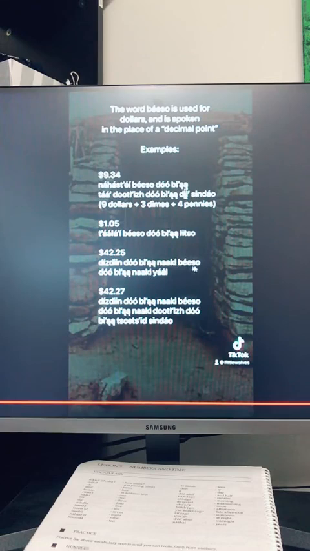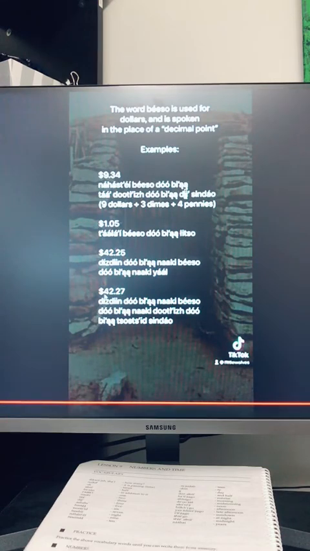Disdeen doba'a na ki peso doba'a na ki yal, $42.25. And that's where I use examples for the coins that have their own names, like the nickel, the dime, the quarter, the 50 cent, the half dollar.